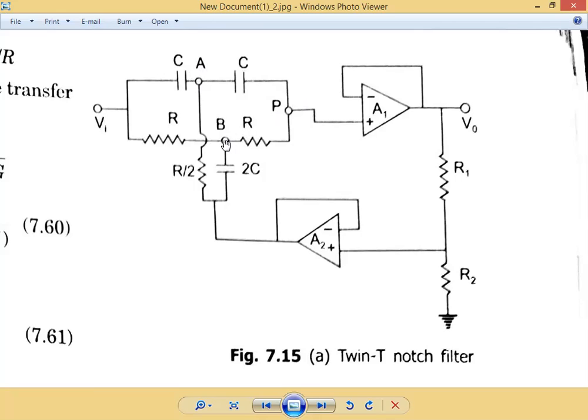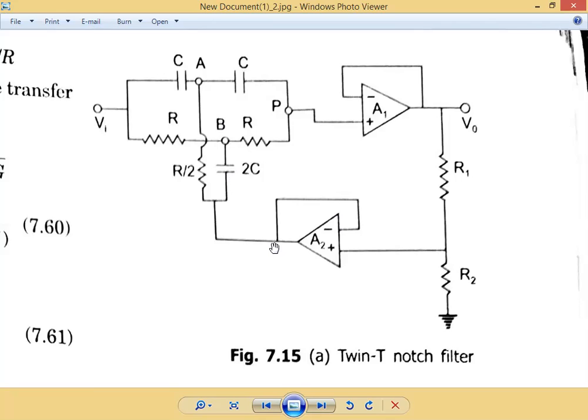So when we are considering node B, (Vi minus VB) into G, because the resistance is in this part, plus (V naught minus VB) into G again, plus another part, so this part, 2 into (KV naught minus VB) into 2SC.